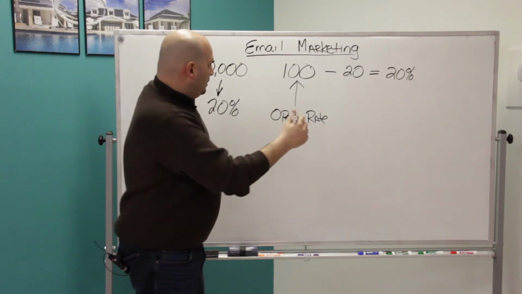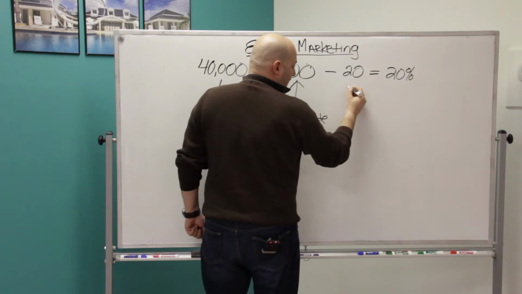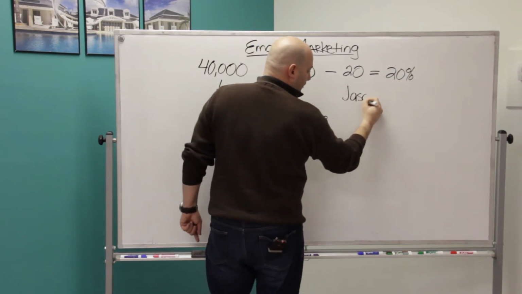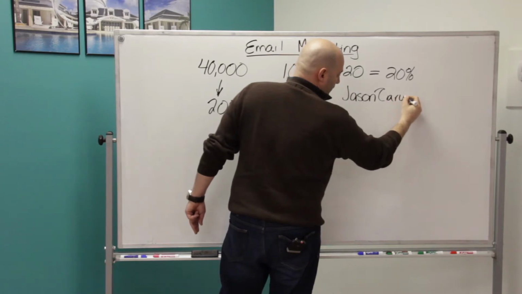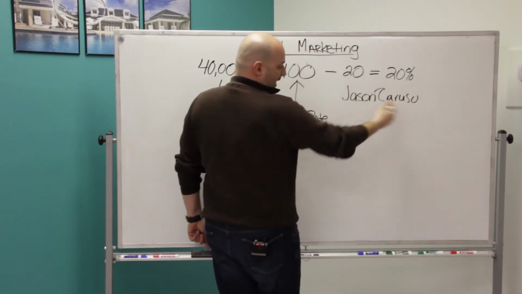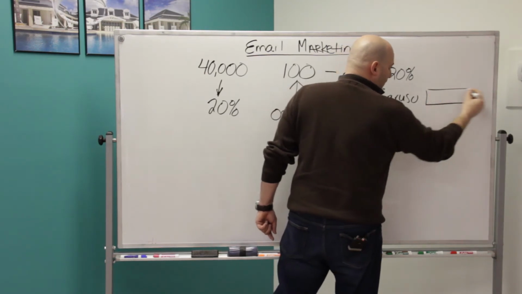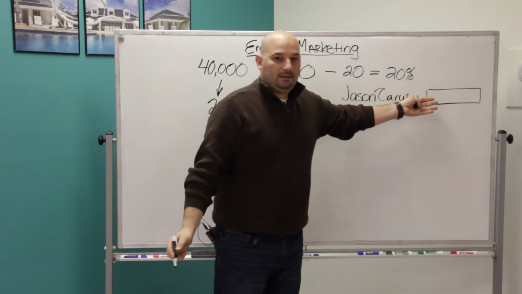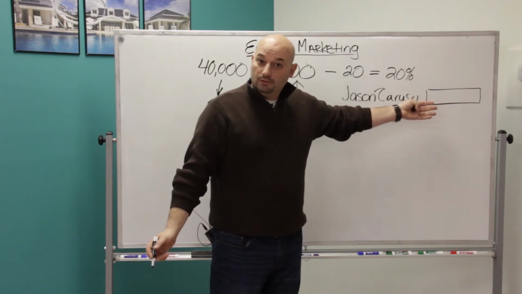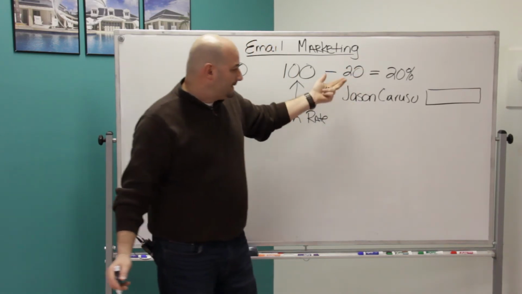So the subject lines, right? When you get an email from, say, Jason Caruso, the name comes into your email and then it shows you the subject line, right? So first thing you're going to do is check the subject line to see if it interests you. And then you're going to see if it's important enough.